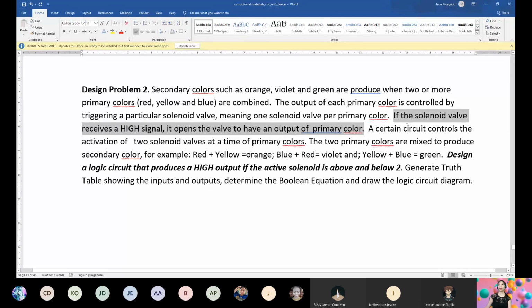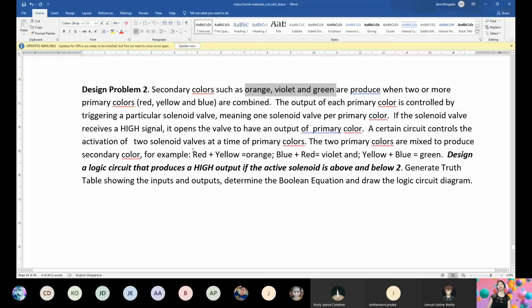Okay, so sabi dito, a certain color controls the activation of 2 solenoid valves at a time. So dapat 2 solenoid valves at a time to produce a secondary color: orange, violet, and green. Di ba? So to produce an orange, you need to combine red and yellow; violet, red and blue; and green is yellow and blue.